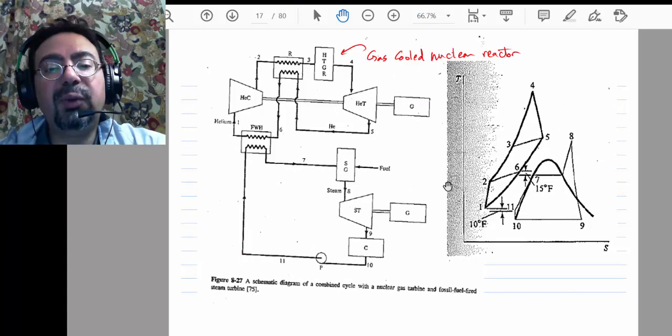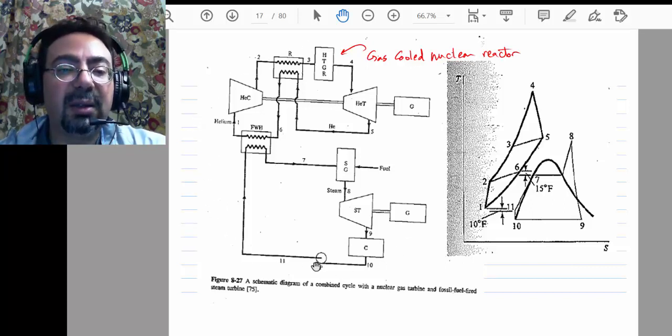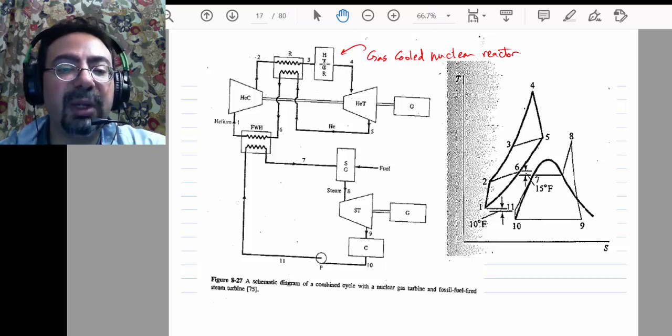Most new power plants are now built from the start up with combined cycle. Okay, and whether the gas turbine is running on a nuclear reactor or is running just by a combustion chamber burning natural gas, that's different. Some of them are running just natural gas, like the power plant we have in Owasso.